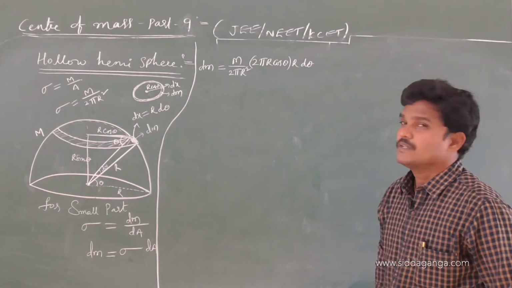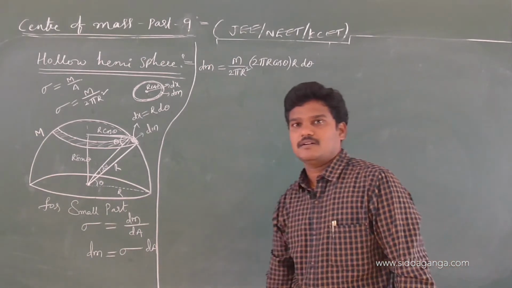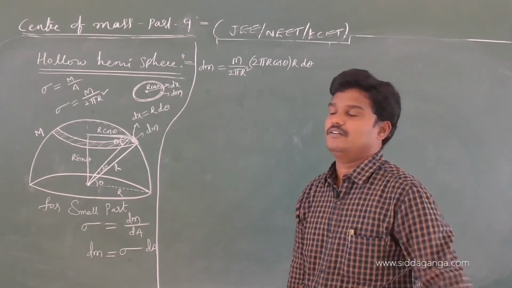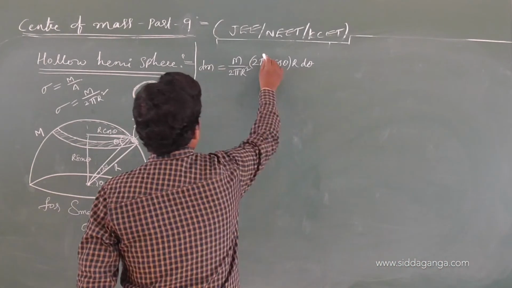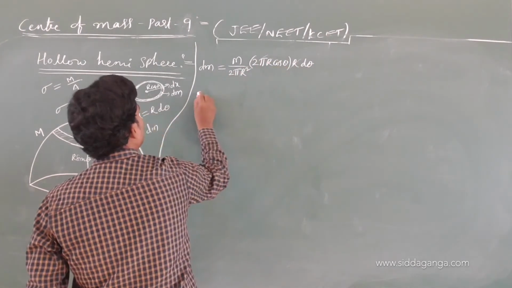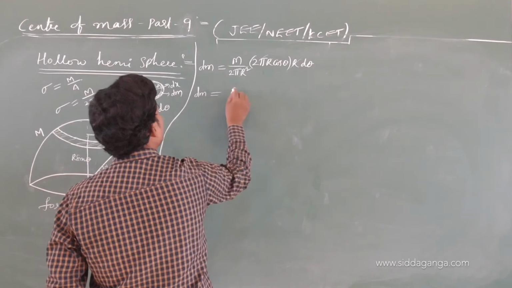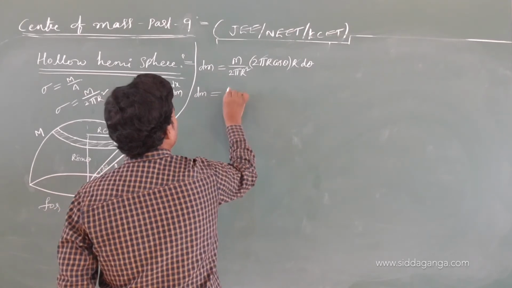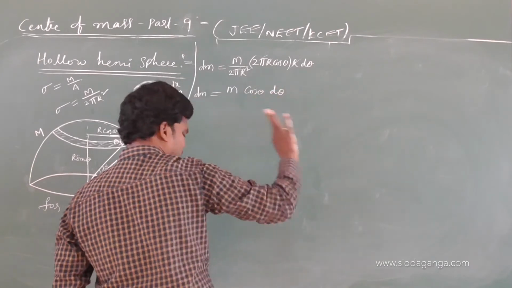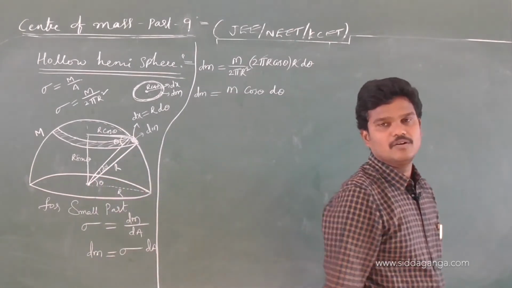Length is 2 pi r cos theta, thickness is dx, that is r d theta. So 2 pi r gets cancelled. Then what is the dm? I got dm as M cos theta d theta. I got dm finally.